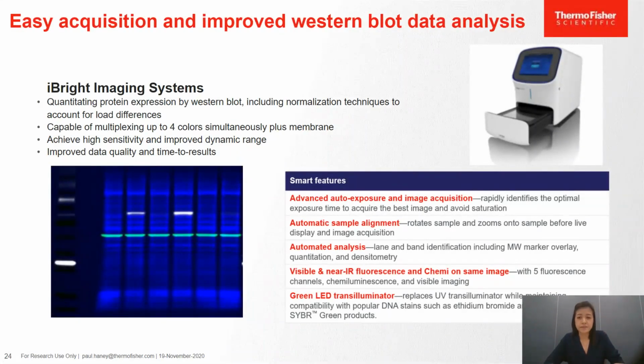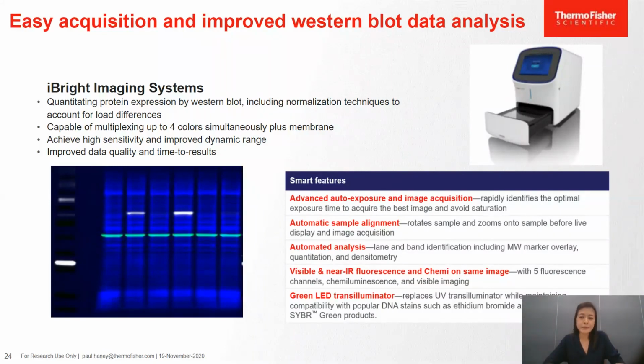For data acquisition, our iBright imaging systems make image acquisition and data analysis very easy with a variety of smart features, including advanced auto-exposure, automatic sample alignment, and automated analysis, including quantitation and normalization, which can be performed on board the instrument.